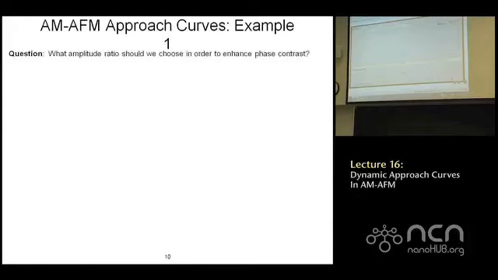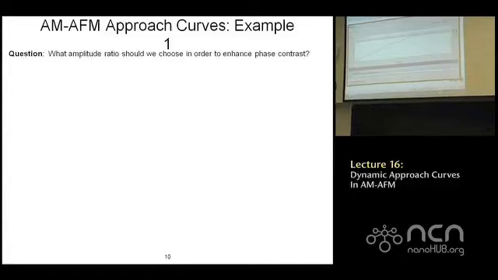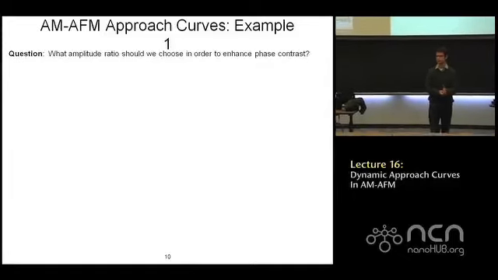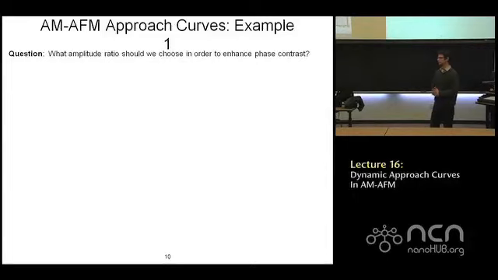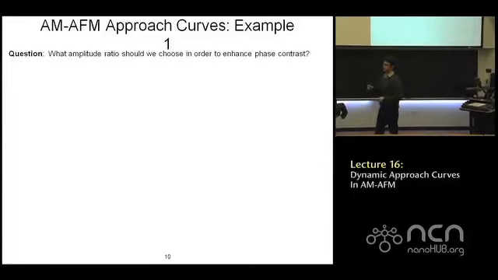Okay, so the question I have for you is, if we are choosing a set point ratio and we're interested in a phase contrast image, which will occur from varying degrees of non-conservative interactions with the sample, we want to pick possibly an amplitude ratio where we can maximize that contrast, which happens between maybe a viscous region of the sample and a more conservative region of the sample.